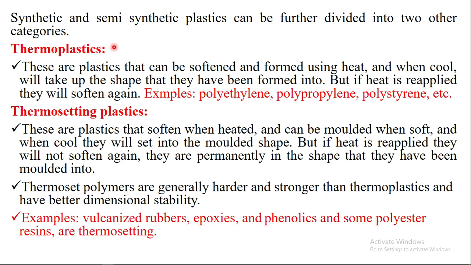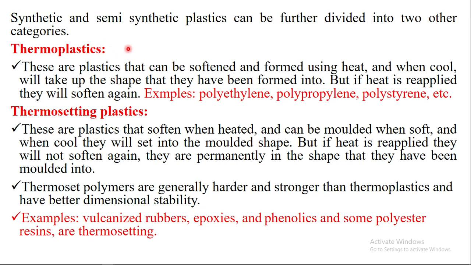Thermoplastic materials, in short, are plastics that after we apply heat, we shape or mold as we want. If we apply heat again, they soften again and again.